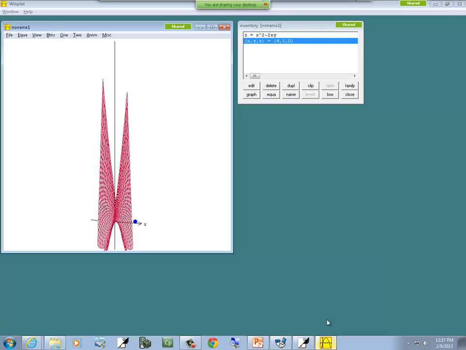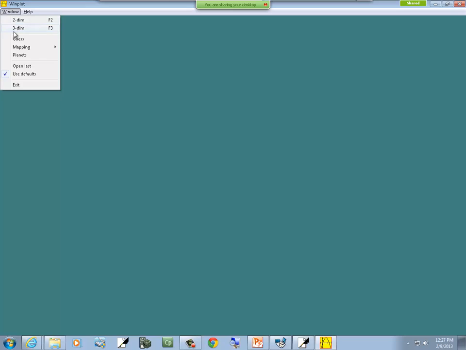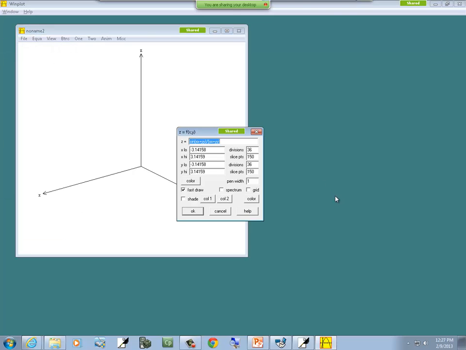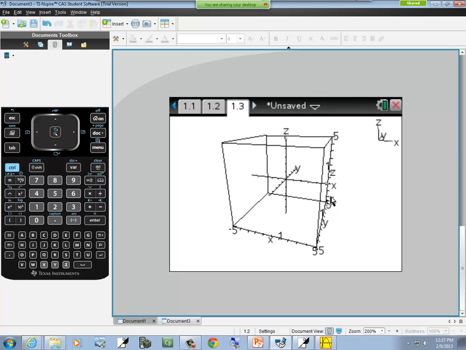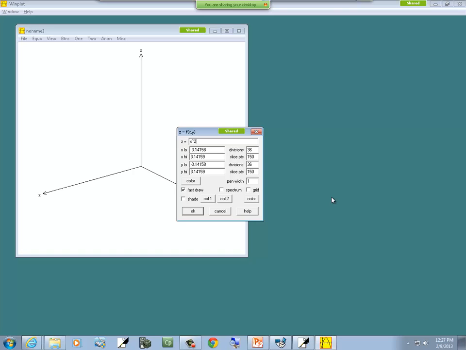Let's go look at WinPlot. Close that. Do window, 3 dimensions. Choose equation, explicit. And this was x squared, so x caret 2, times, I'll do an asterisk, sine xy.